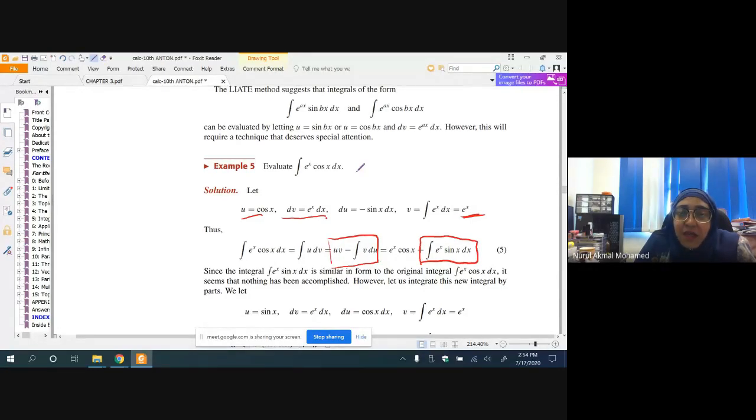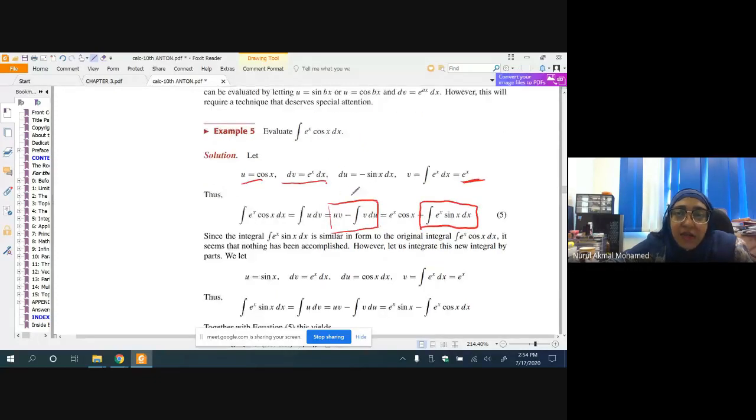We still have sin x even though we don't see any cos x anymore. But it gives us an idea that if we do the integration by parts again, it might give us the original one. So let's do it.